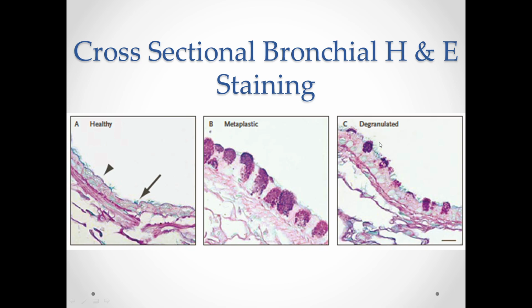When it becomes activated, or there's some sort of stimulus that irritates it, it goes through what's called degranulation. And here you can see even more gross anatomical changes that occur in epithelium that's become degranulated or activated, and then the underlying smooth muscle cell layer that's become activated, that would be undergoing a bronchoconstriction event.